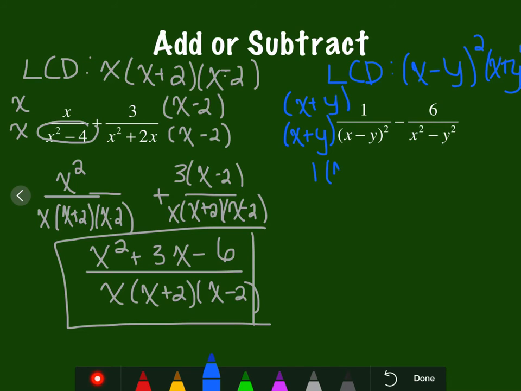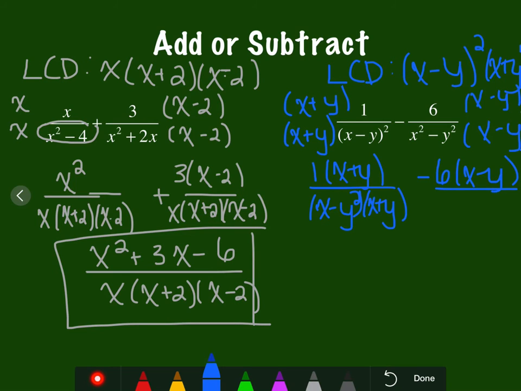So I have 1 times x plus y over x minus y squared times x plus y. My second fraction, I'm missing the x minus y. I only have one of the x minus y's. So I have 6 times x minus y over x minus y squared, x plus y.